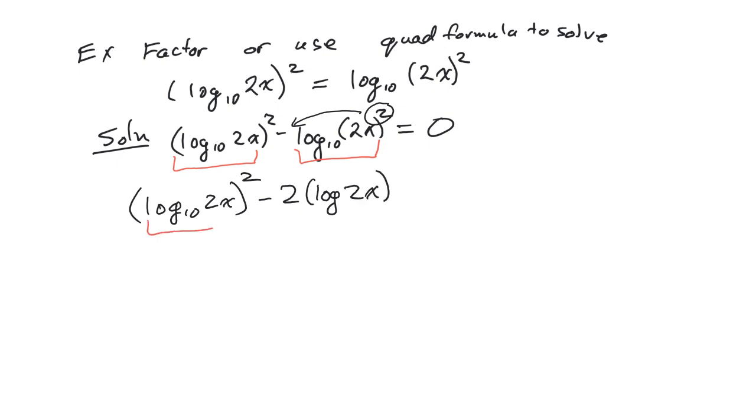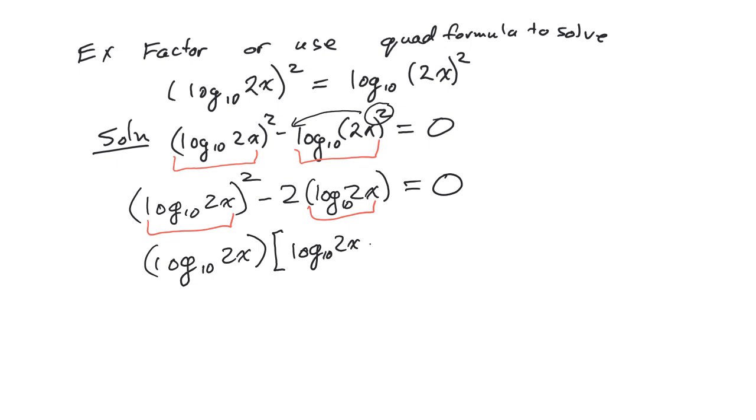So now here are our matching parts. We could factor that out. So now we're left with log base 10 of 2x times the quantity log base 10 of 2x minus 2 equals 0. So either this bit is equal to 0 or this bit is equal to 0.